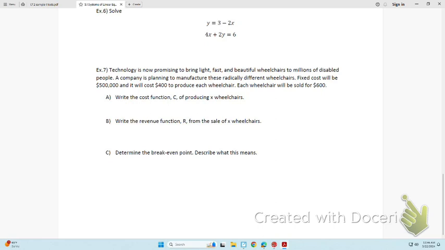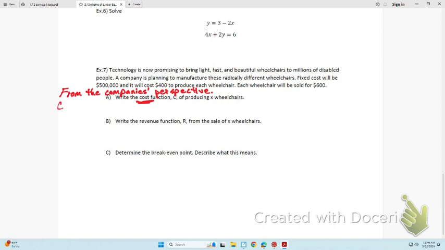When they talk about cost, this is from the company's perspective. So this is not talking about the customer's perspective. And that's where people get mixed up.